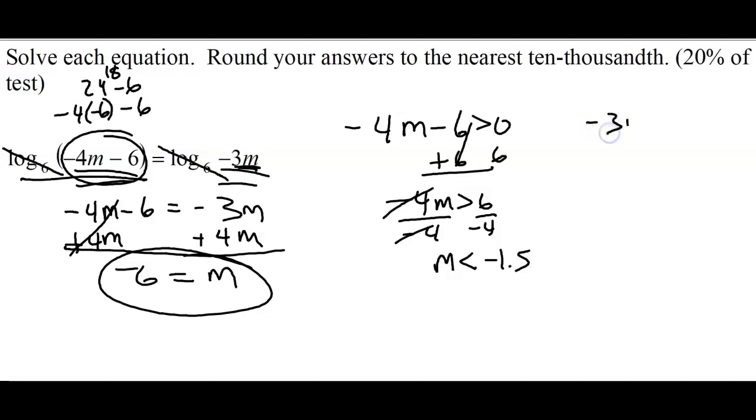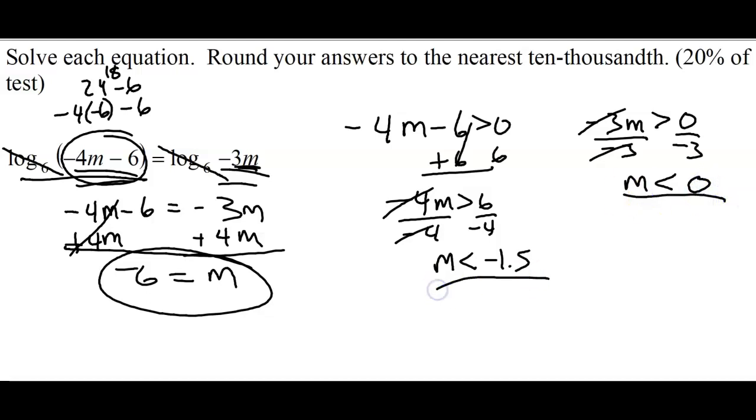And then you have to do it for both of them. Once again, we reverse the inequality because I divided by a negative. So long as my number is less than 0 and less than negative 1.5, we're good. And this number is less than both of those, so that's good. So there's two ways you could do it. You could actually find the domain, or you could just take your answer and plug it in and make sure it doesn't make any of the arguments 0 or negative.